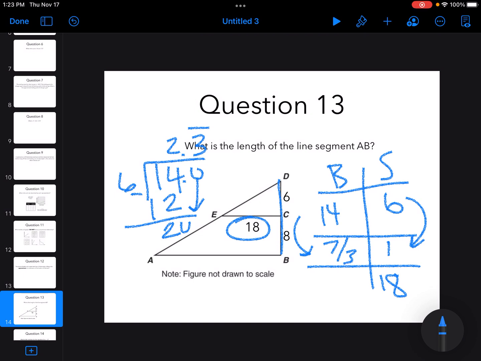So I'm going to do 7/3 times 18 over 1. So I reduced it by 3 before I multiplied just to save me some multiplication. And 7 times 6 is 42. So 42 would be my answer. If you wanted to do 7 times 18 and then divide it by 3, you could, and you would get 42 as well.